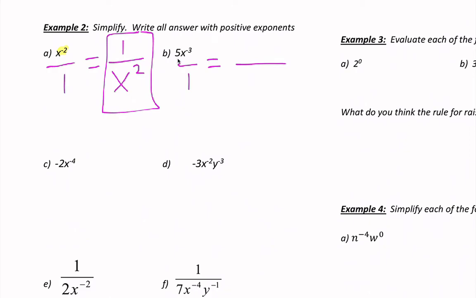So 5 is on top. This x, on the other hand, does have a negative exponent. So this x is telling me, hey, I don't belong up here. Here's my warning. So since x was on the top, I need to move it to the bottom where it belongs. When you move it where it belongs, remember the warning falls off, so the negative is not going to be there anymore, and it's going to be a positive 3.